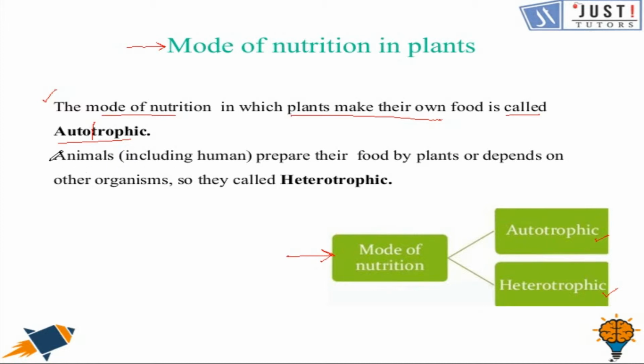Now secondly, animals including humans depend on plants or on other organisms for their food, so they are called heterotrophic. Again the word is made up of 2 words. The one is hetero and the second is trophic. The word hetero stands for other, meaning by others or depending, and trophic again stands for nourishment or nutrition.